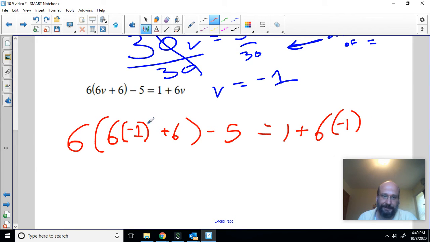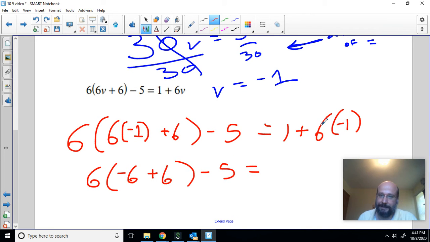So I'm going to do the parentheses here. On this side of the equal, I'm going to do this parentheses. 6 times negative 1 is negative 6. And then 6 times negative 1 is negative 6 over here.